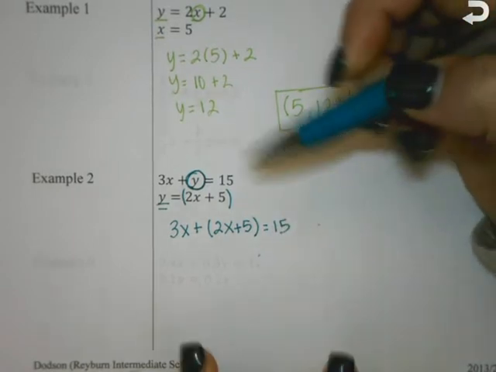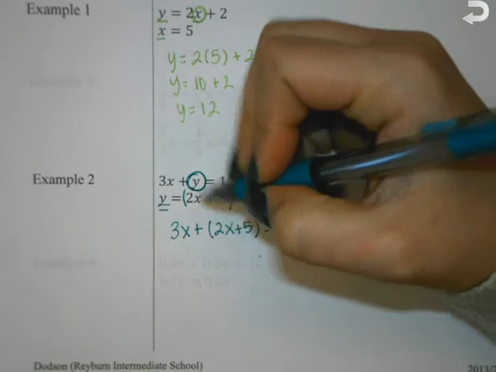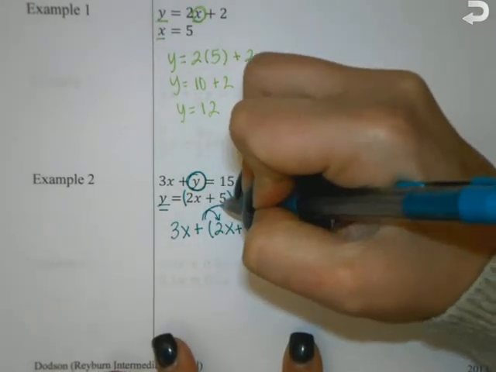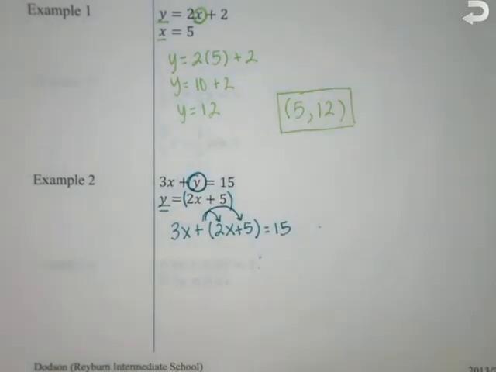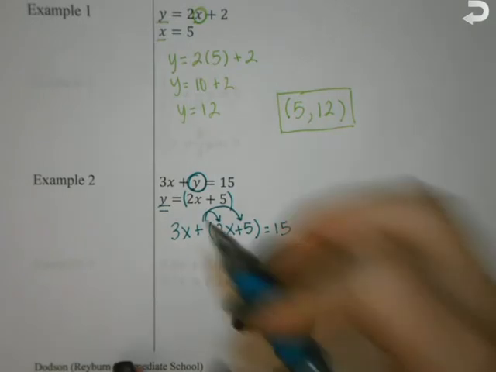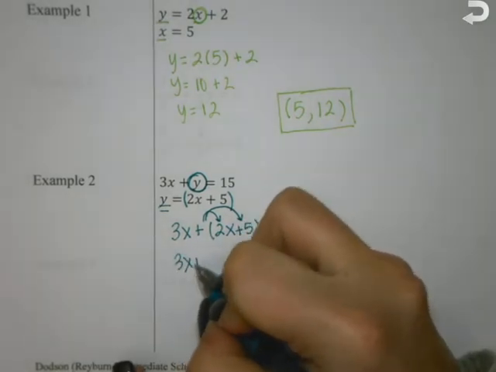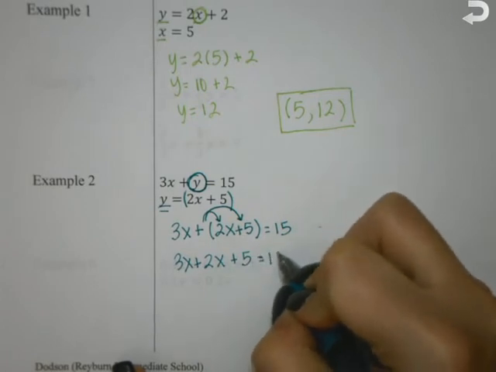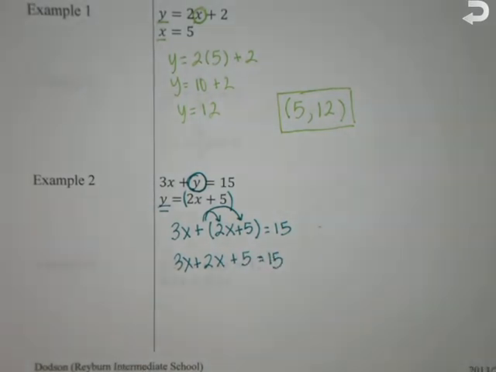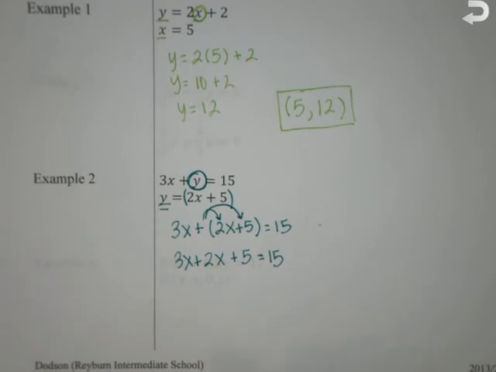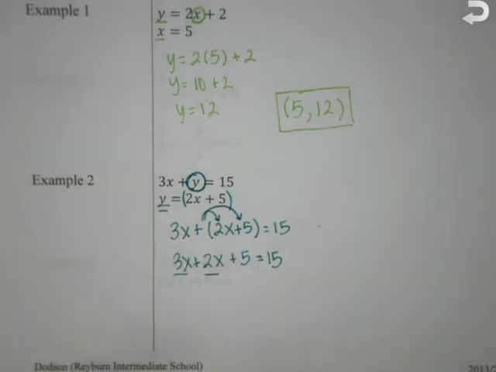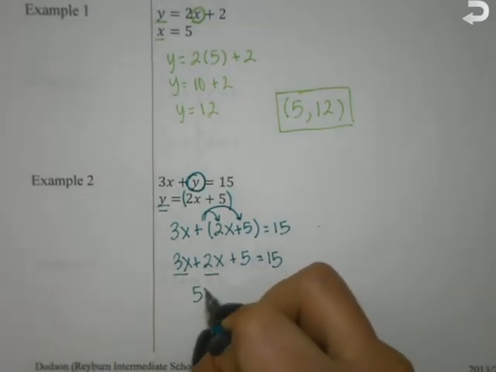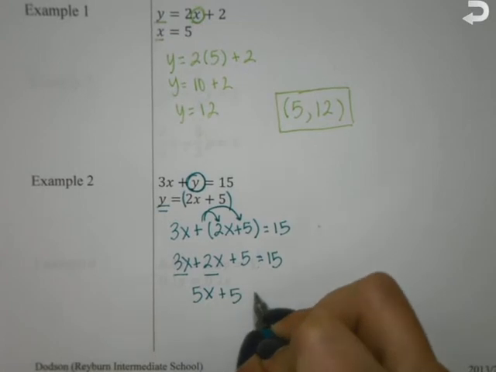Yeah, finish the parentheses by distributing. But if I just distribute a positive 1, does that change anything? No. So just rewrite it as 3x plus 2x plus 5 equals 15. And guys, what would be my next step? Combine like terms. 3x plus 2x gives me what? 5x. So this is 5x plus 5 equals 15.